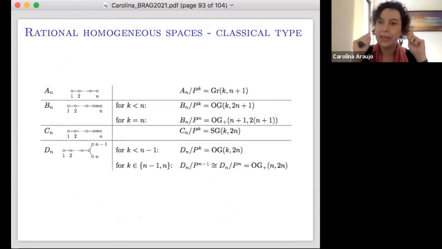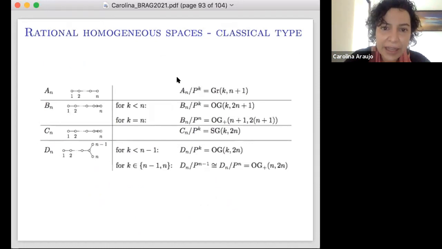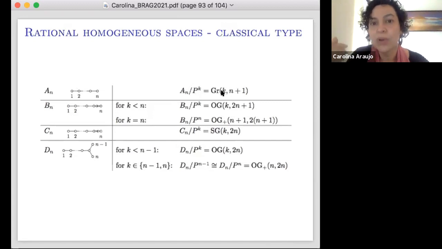Basically I take a Dynkin diagram and I choose one marking. When I choose the marking k, I get G mod P_k. If I take the marking k here, then G mod P in this case is just the Grassmannian of k-dimensional linear subspaces in an (n+1)-dimensional vector space. So all the Grassmannians appear in this way.